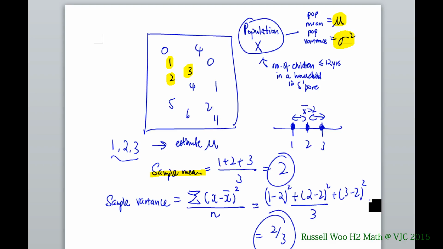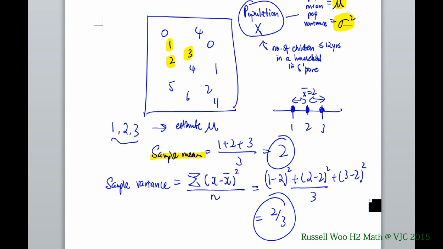While this is the formula for the sample variance, this will not be an unbiased estimate of the population variance. But what is it? I will show you. So now we go on to the notes.